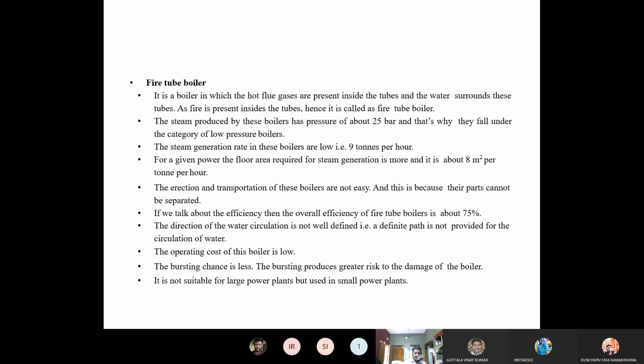The bursting chances are less. If bursting takes place, it causes severe damage to the boiler, and it is not suitable for large power stations, as it produces low pressure steam.